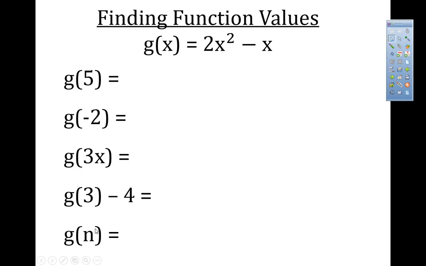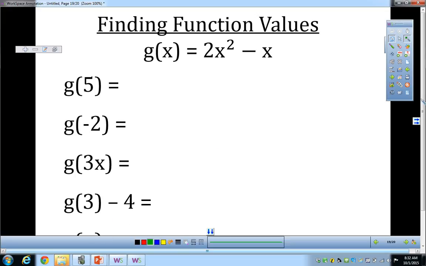Let's just do, what would g of n be? You do the same thing. You take n and you plug it in where x is.